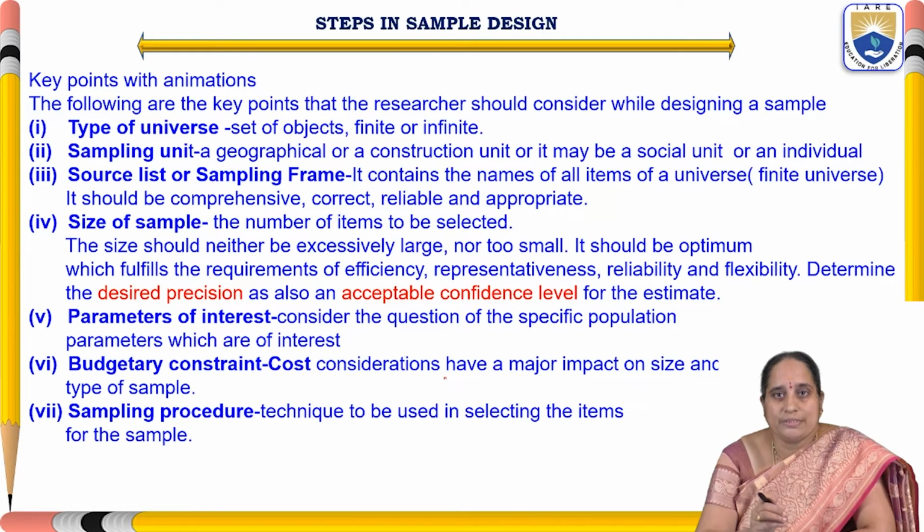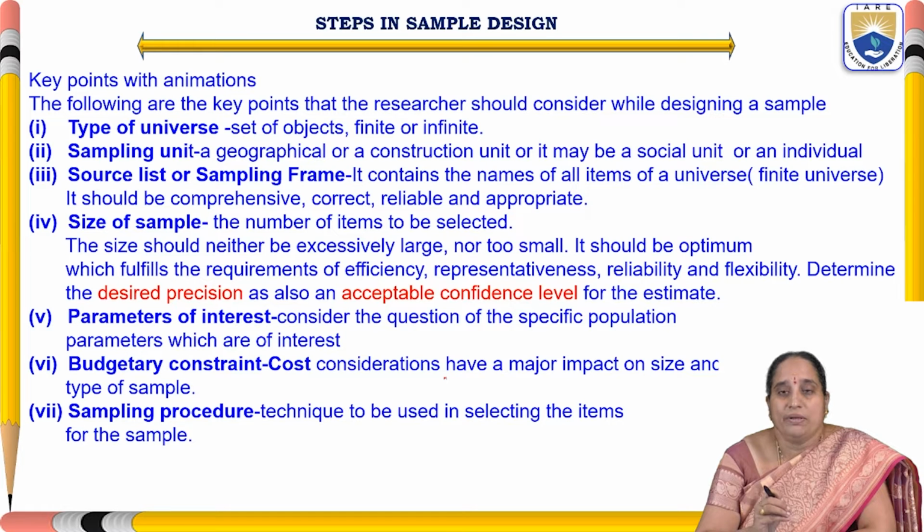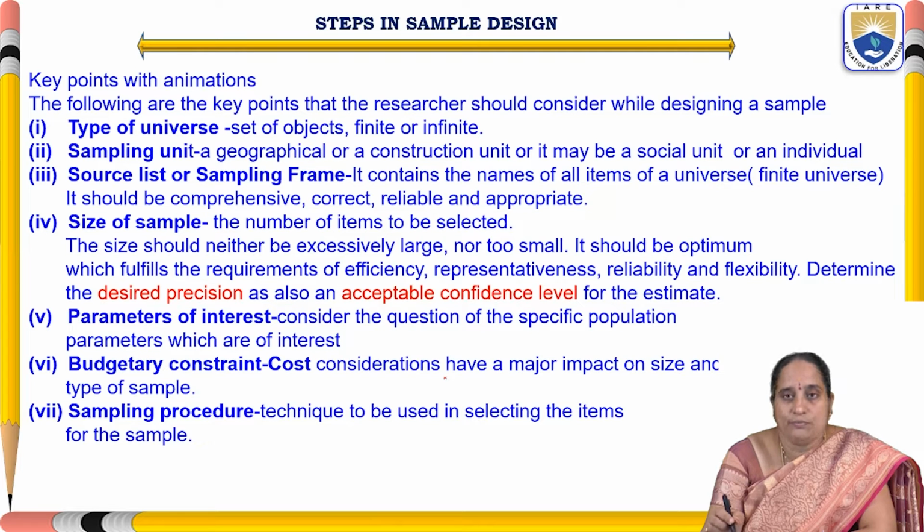Then coming to the source list, or sampling unit, sorry. A sampling unit is a geographical area you can take. For example, you want to assess the economic position of a particular state. How can we measure it? If you want to measure the economic levels or the standard of living of people in a particular state, then we further divide the state in terms of geographical area: district wise, then village wise, colony wise.